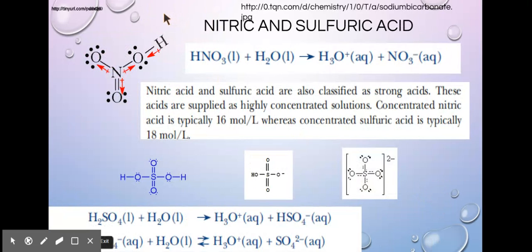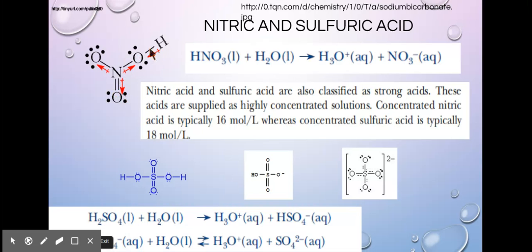The other two things that I've been quite worried about with acid rain have been nitric acid and sulfuric acid. And nitric acid has only got one hydrogen attached to an oxygen, which is attached to an electronegative element with a double bonded oxygen there as well.